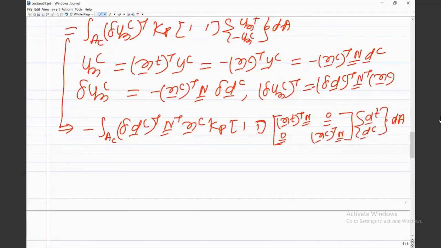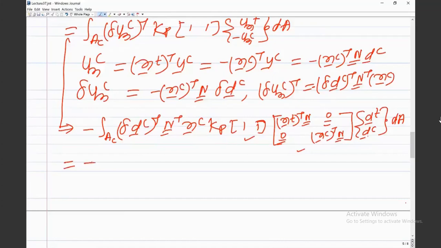Now we can take delta DC common and multiply this N transpose into NC. First multiply this, and then multiply NT transpose NC inside. These steps are the same as what we discussed already.